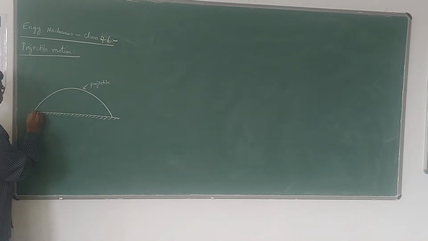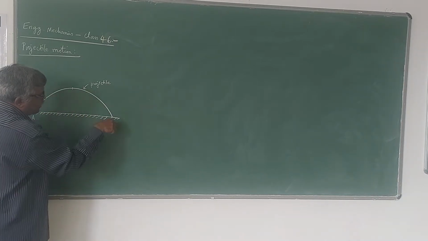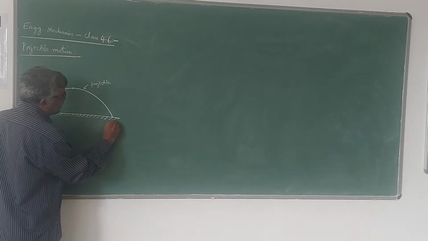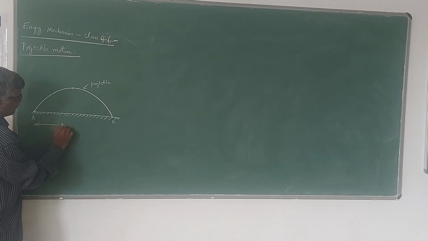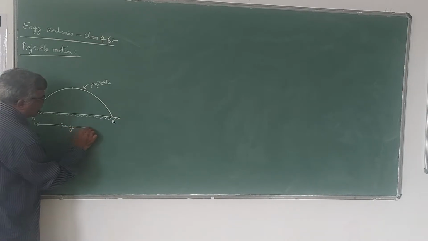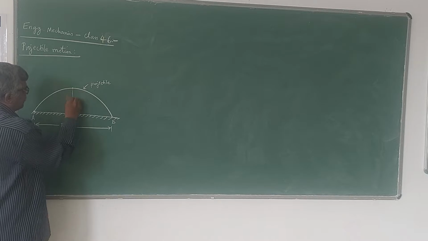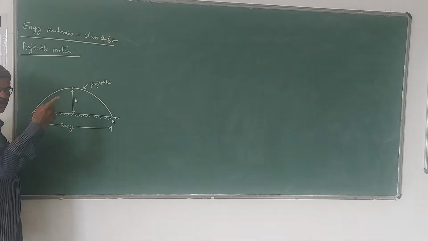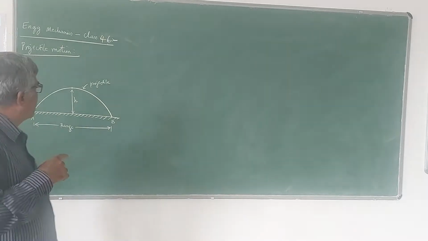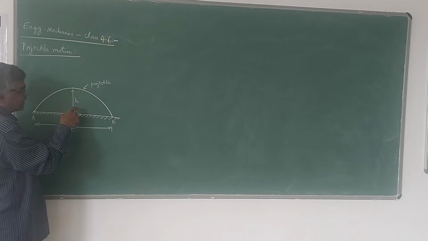An object is thrown from this point, and after reaching a certain height, it once again comes back to the ground level. So this AB is called the range or horizontal range, and the maximum height that the projectile reaches is denoted by small h.